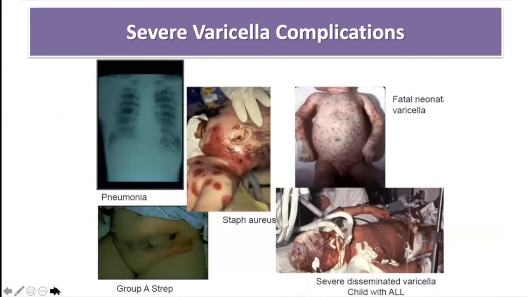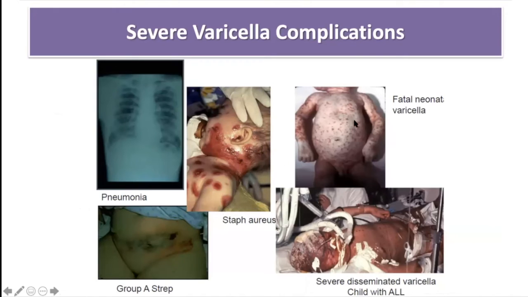Severe varicella complications are also possible, especially among the immunocompromised and those who are older than 15 years of age, those who are younger than 1 year of age, those who are newborn, and women who developed varicella during pregnancy. So they can develop pneumonia or secondary bacterial infection.